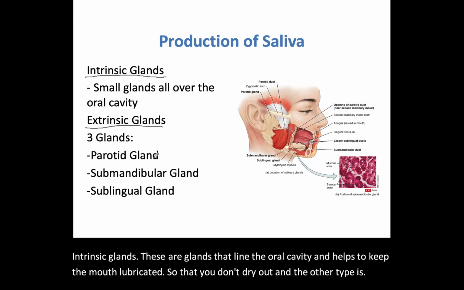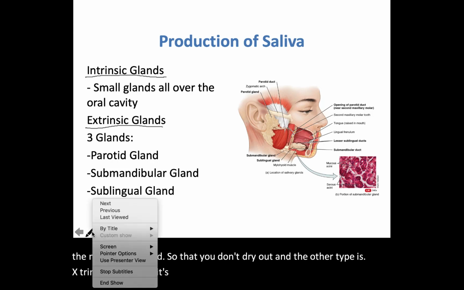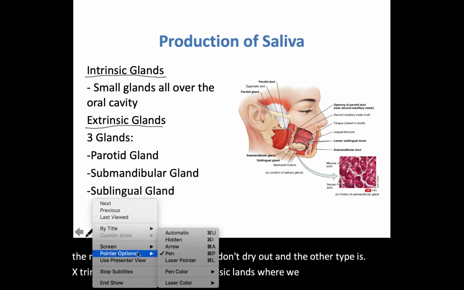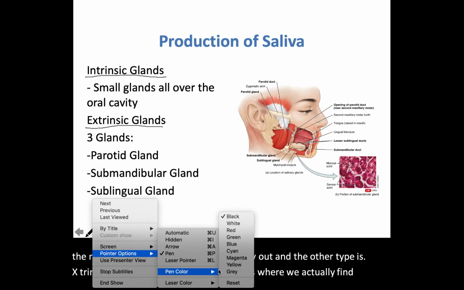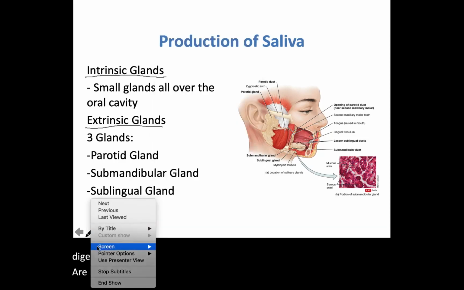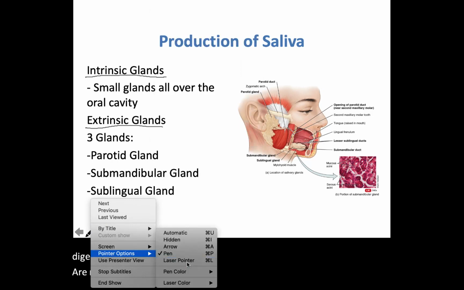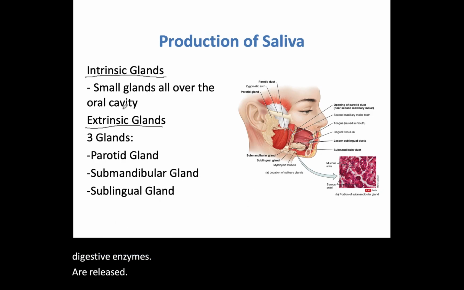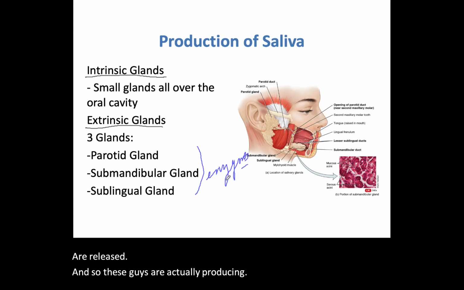extrinsic glands, and it's these extrinsic glands where we actually find the digestive enzymes are released. Right? And so these guys are actually producing the enzymes. Right?